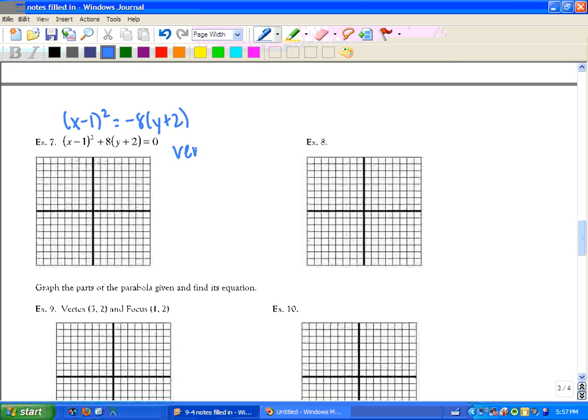That means that the vertex is going to be at (1, negative 2). In our standard form, it's (x minus h) squared equals 4p(y minus k). So again, that's where your vertex comes from, the h and k. And so the 4p and the negative 8 have to be the same thing.